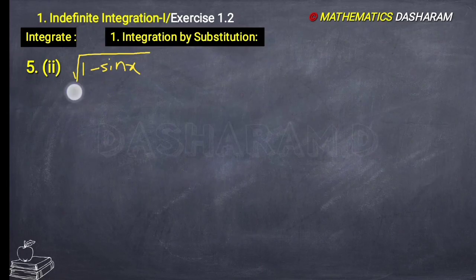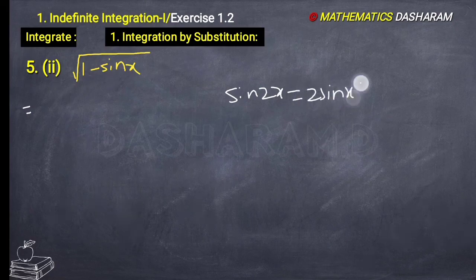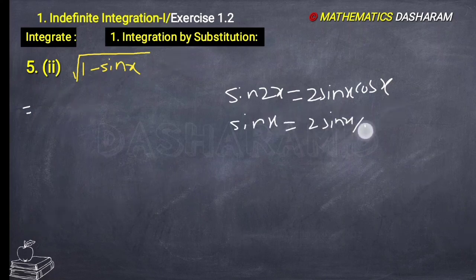Second question: integration of root of 1 minus sin x. Actually, the sin 2x formula is 2 sin x into cos x. From this, the sin x formula becomes 2 sin x by 2 into cos x by 2.